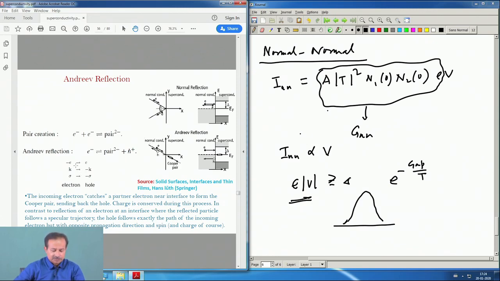And this is what is shown here. An electron becomes a hole. On the electron side, an electron came with charge minus e, momentum k and spin sigma, and in the reverse direction a hole goes back with charge plus e, momentum minus k and spin minus sigma, so that everything is balanced.